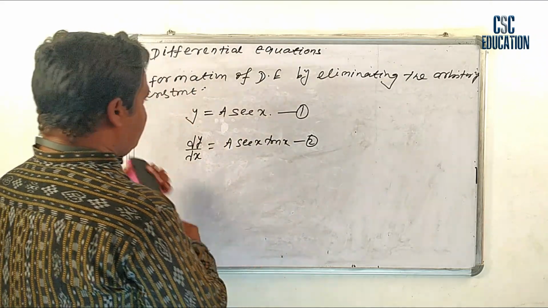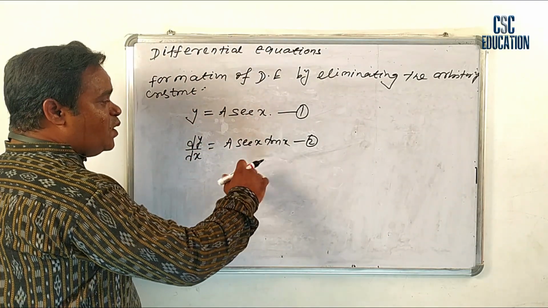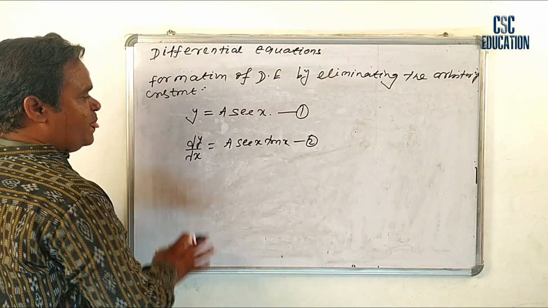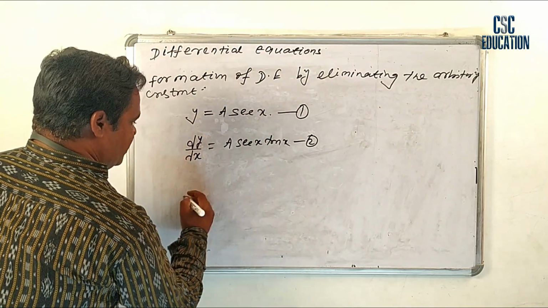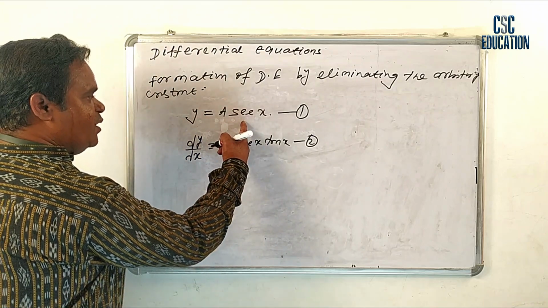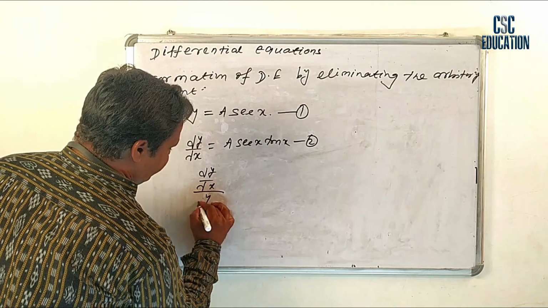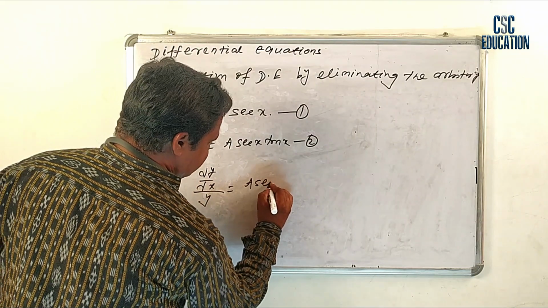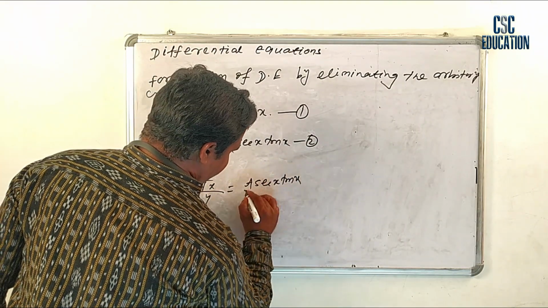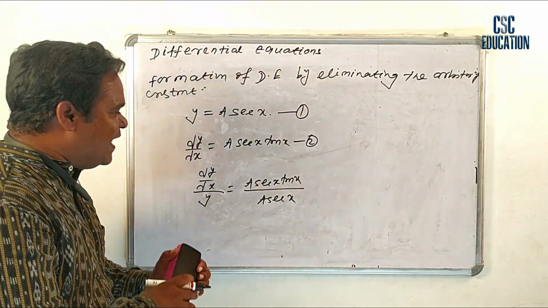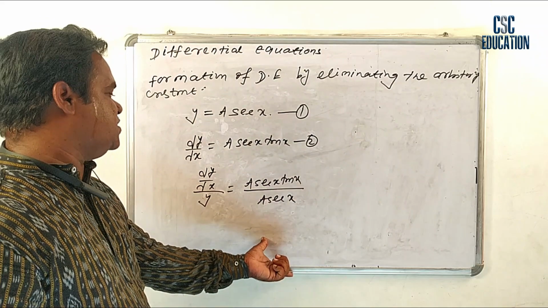So how do we eliminate the arbitrary constant? Dividing equation 2 by equation 1, dy by dx divided by y equals a sec x tan x divided by a sec x. We try to eliminate the arbitrary constant.